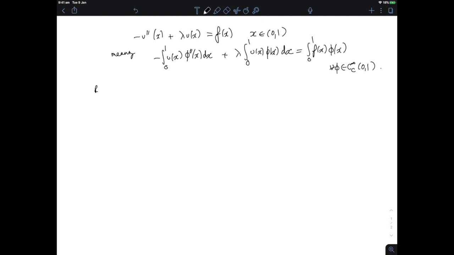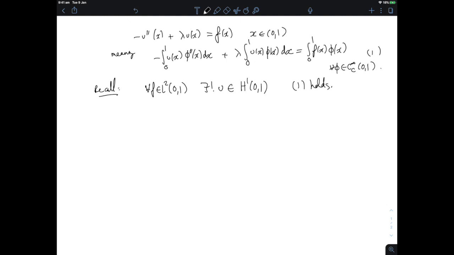So recall first that we've proven that for every f in L2 of 0, 1, there exists a unique u, which is going to be at least in H1 of 0, 1, and which is such that the equation holds weakly, so such that 1 holds.